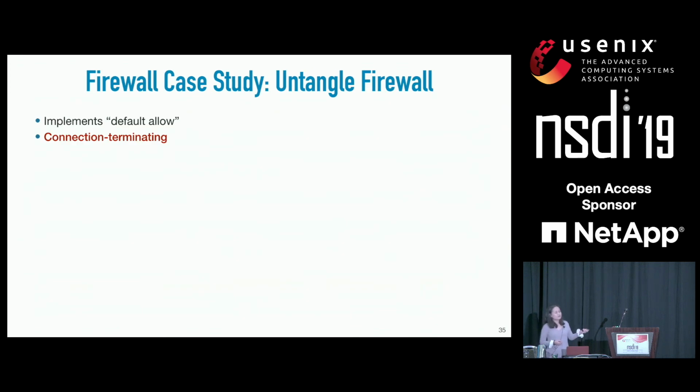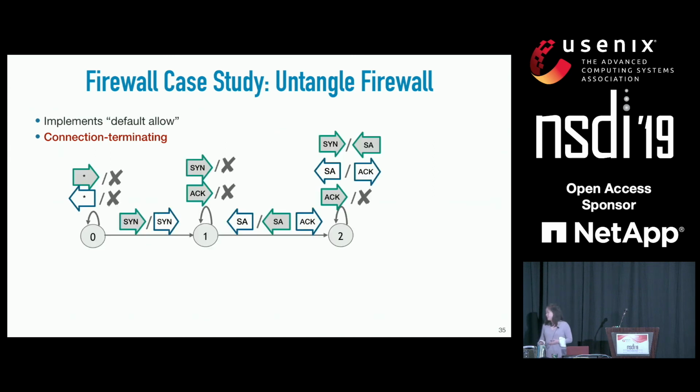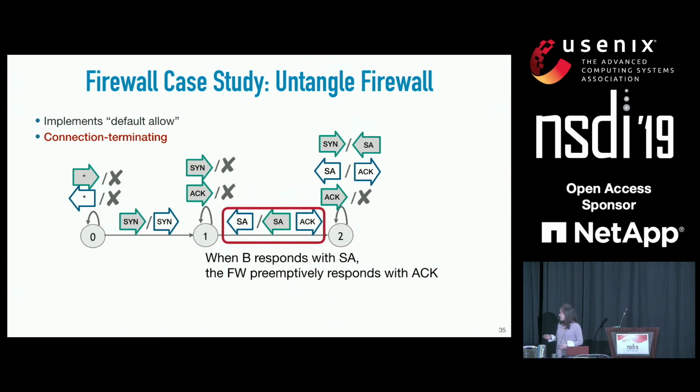Let's look at the Untangle firewall, which is even more interesting. Unlike the other 2, it implements a default allow rule and also is connection terminating in a very interesting way. That means the first SYN from internal is allowed, but for the second SYNACK, the firewall itself replies with an ACK packet, terminating that connection.